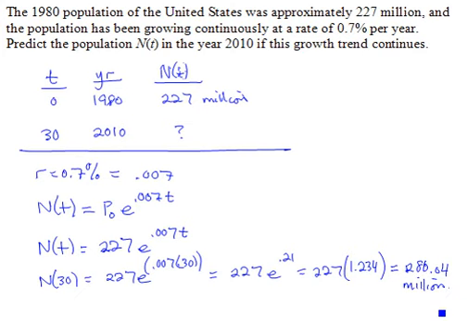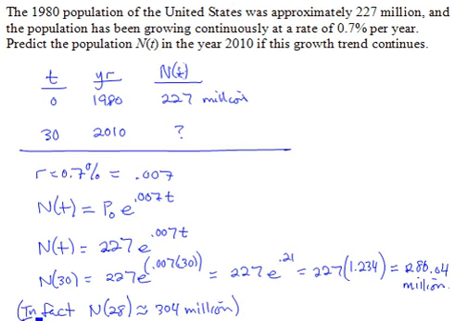Now, if you look at the U.S. Census data for the year 2008, it turns out you have a population N of, I guess, 28 for the year 2008 is approximately 304 million, according to the U.S. Census Bureau.